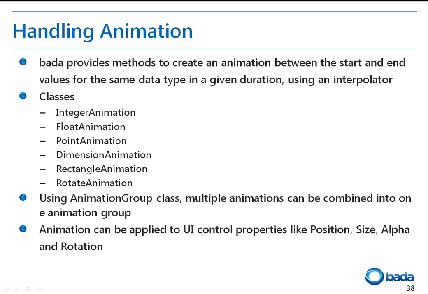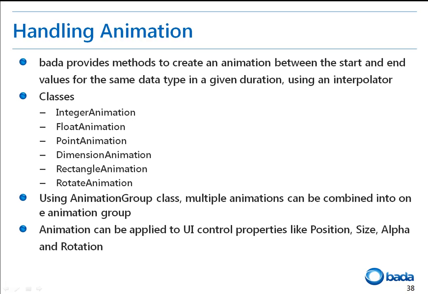The animation can animate two primitives, or it can be applied to a property of a UI control. bada supports integer animation, float animation, point animation, dimension animation, rectangle animation, and rotate animation.